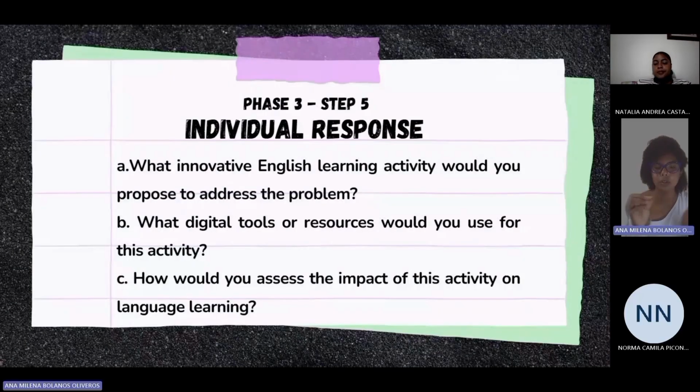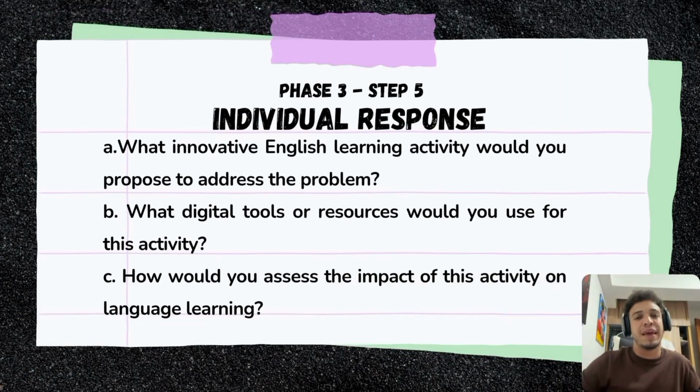Now our classmate Carlos is going to answer these questions. What innovative English learning activity would you suggest to address these issues? I would suggest some fun activities where the students can reinforce their knowledge, specifically role-playing activities that require them to communicate with one another. The idea is to immerse them in a bilingual environment so they can develop cognitive skills.